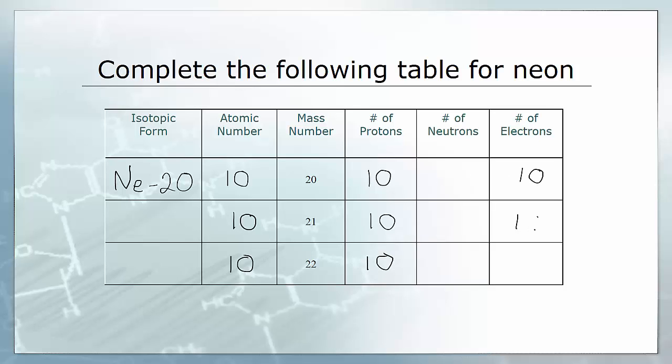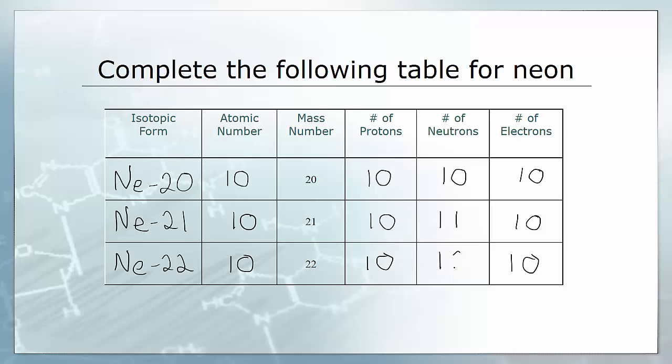And then the number of neutrons, well, if the mass number is 20, 10 plus what is 20? Well, 10 plus 10. And then 11, so this one must be neon 21. And the third one is neon 22 with a number of neutrons of 12.